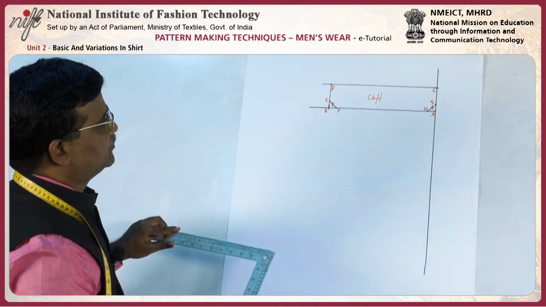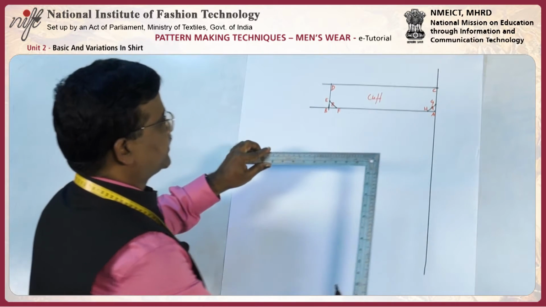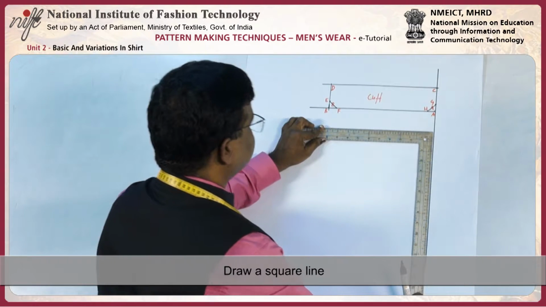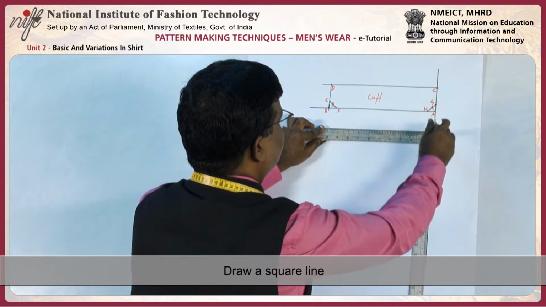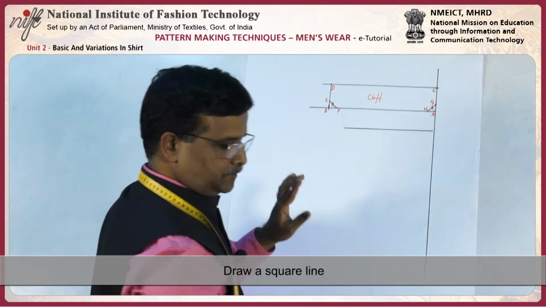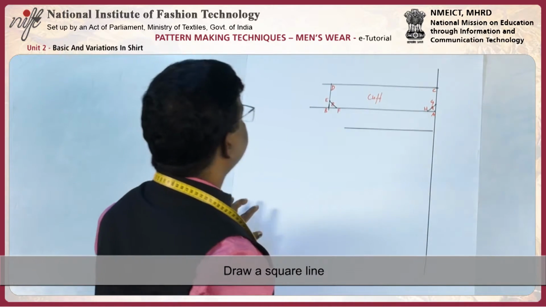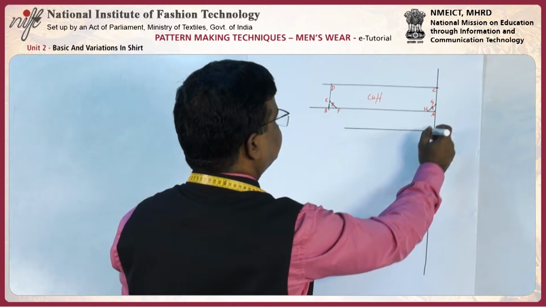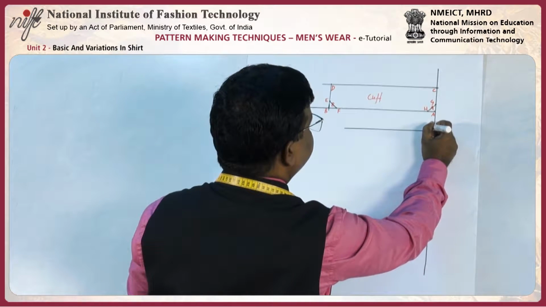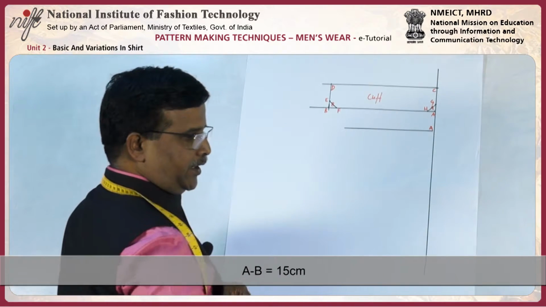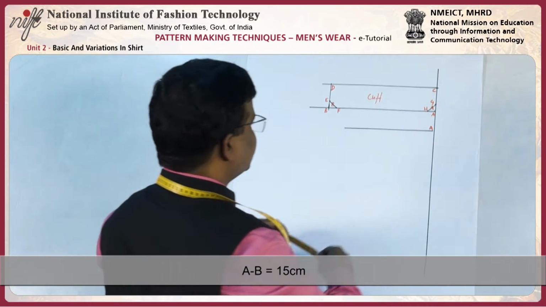Let us draft now cuff placket. Draw square line. Label A. A to B 15 centimeter.